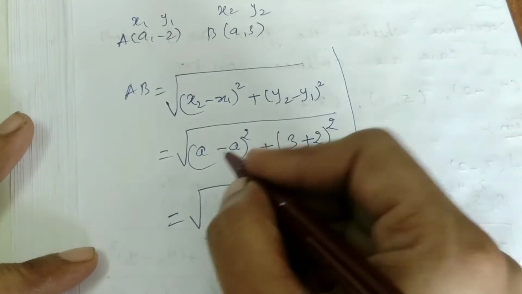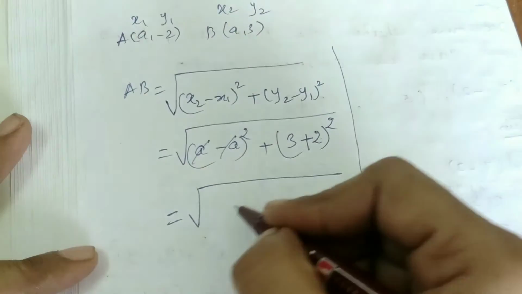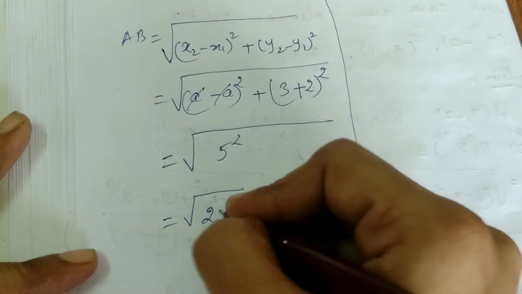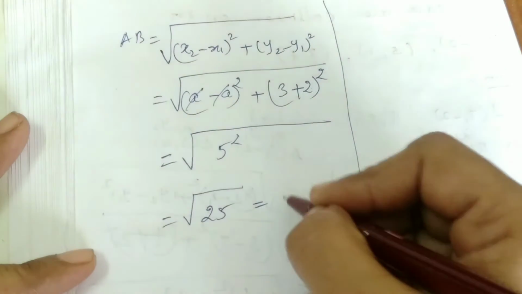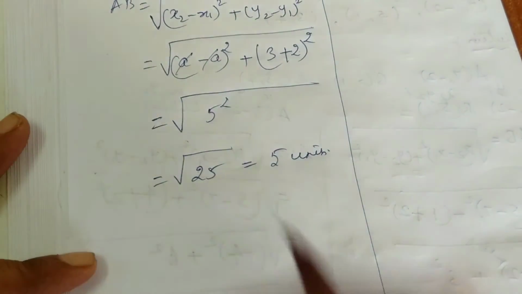A minus A is 0, so we can cancel these two, and then 3 plus 2 is 5. 5 square is 25. Square root of 25 is 5. So 5 units. This is our AB distance.